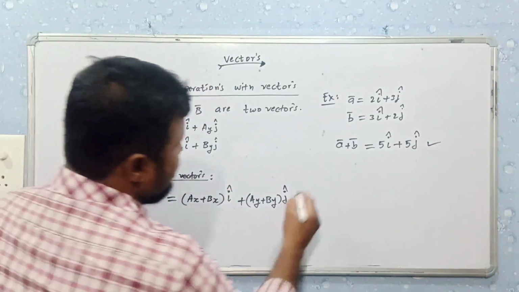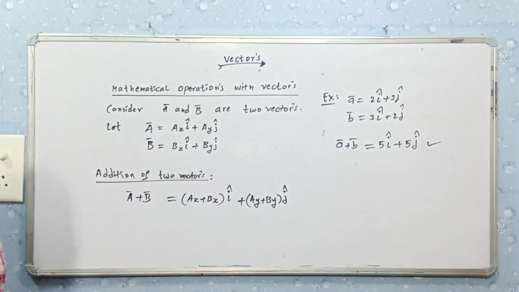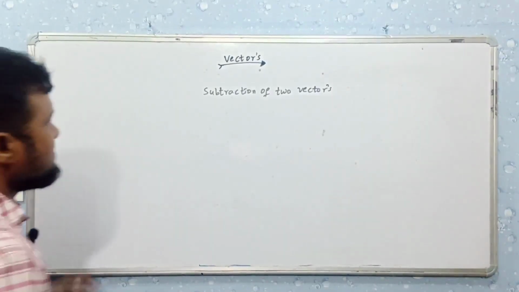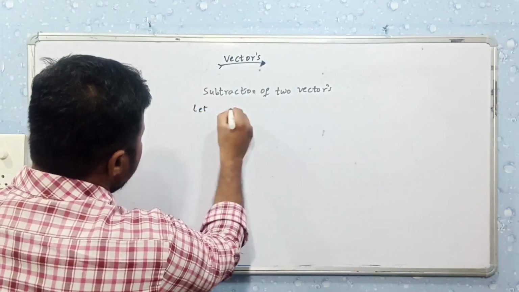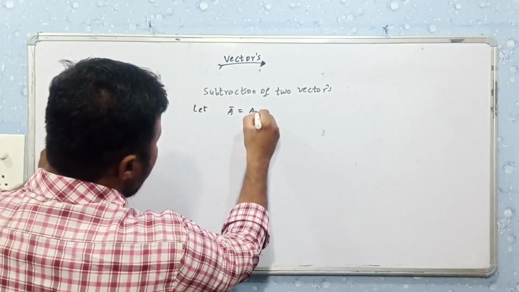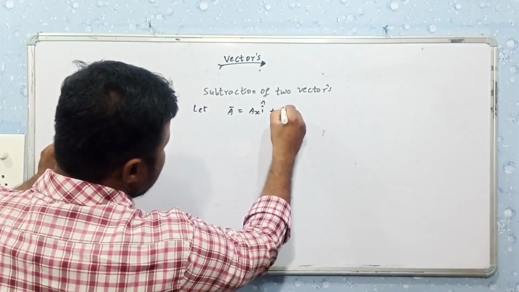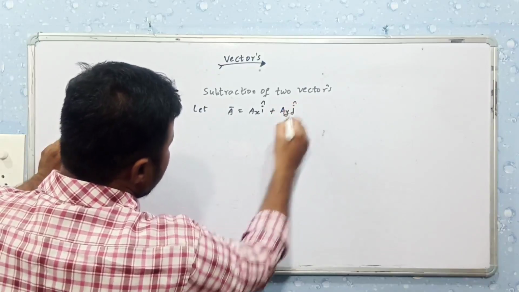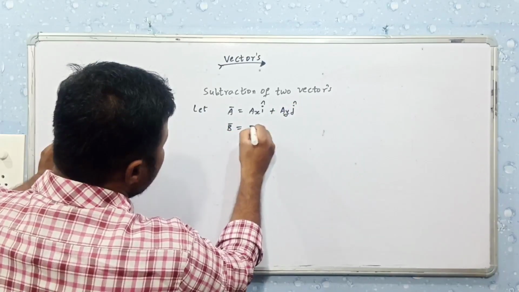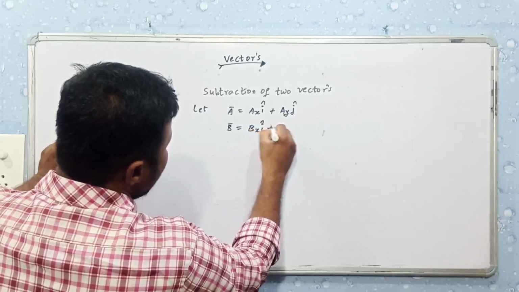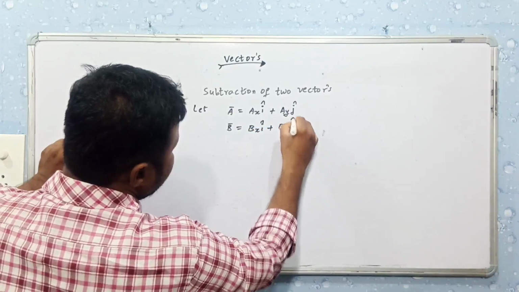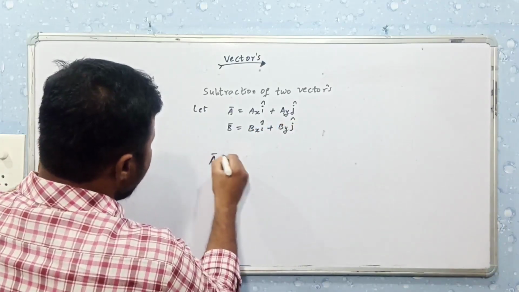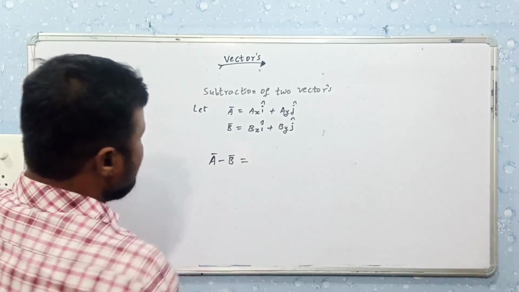Now coming to subtraction of vectors. Subtraction of two vectors. Let A bar is equal to Ax i cap plus Ay j cap, B bar is equal to Bx i cap plus By j cap. I want to subtract A bar minus B bar.